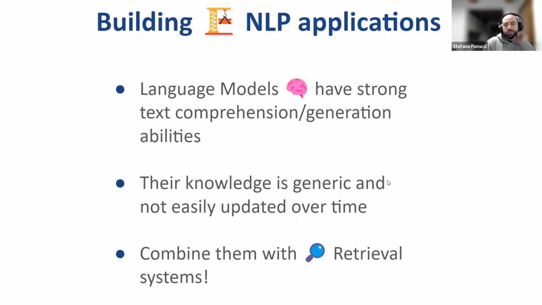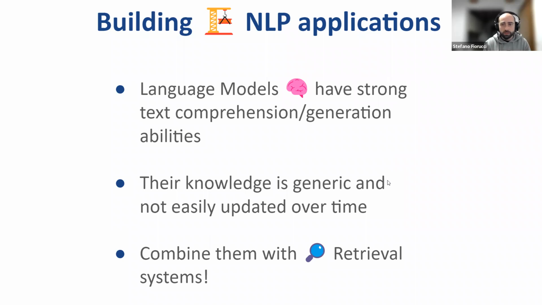I want to give you a last word about building modern NLP applications in the real world. Nowadays, language models and large language models have strong text comprehension and generation abilities. But their knowledge is generic and not easily updated over time.